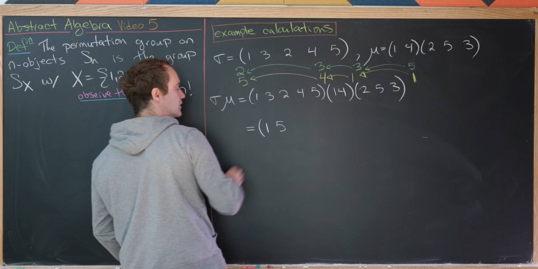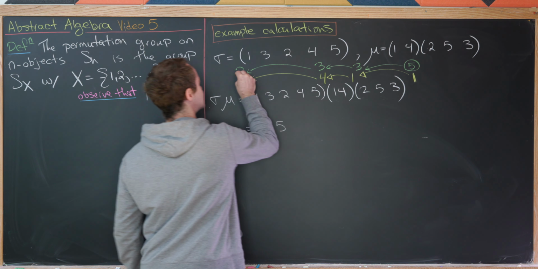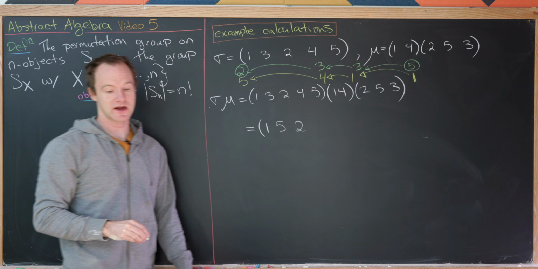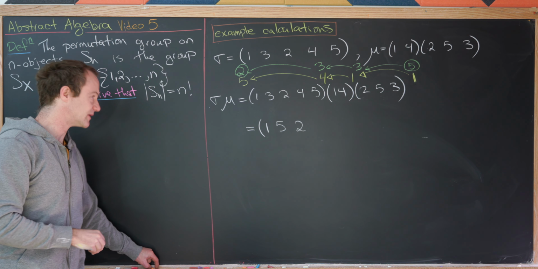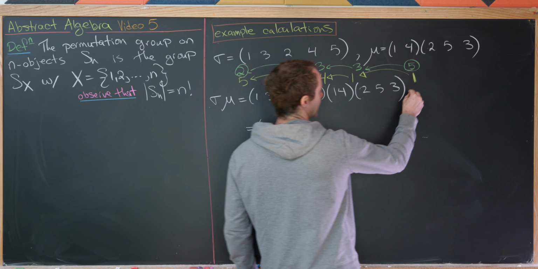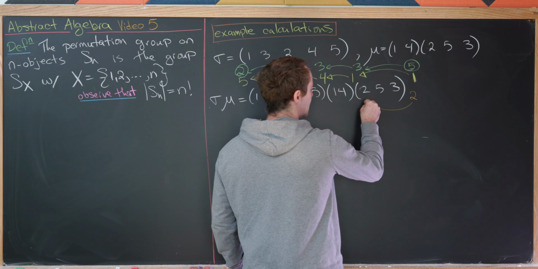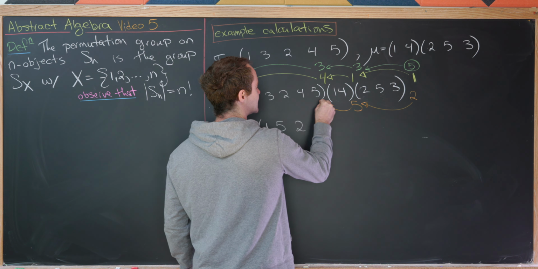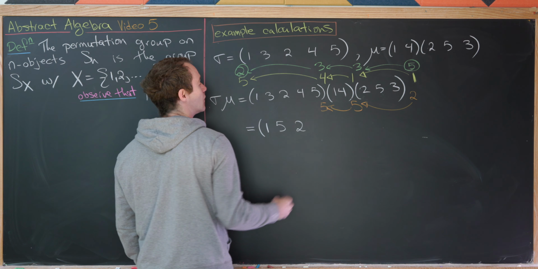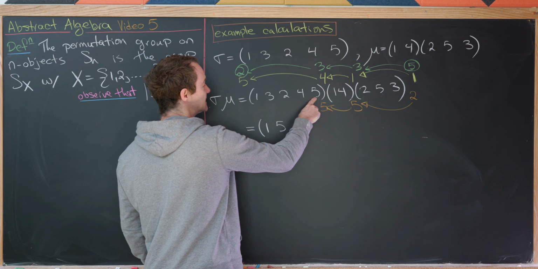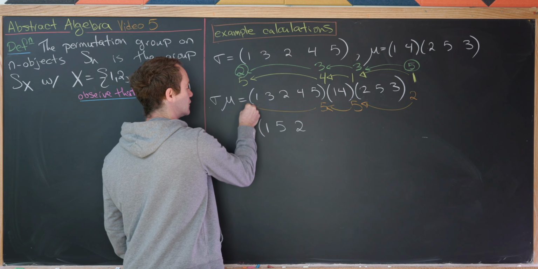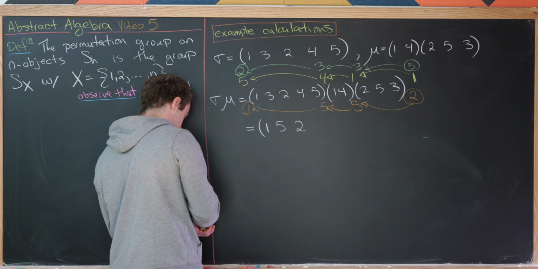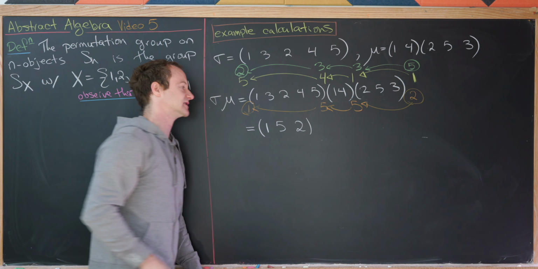So in the end, 5 is sent to the number 2, so we put a 2 right here. Now let's see what happens to the number 2. In the first 3 cycle, 2 is mapped to 5, and then it gets fixed by this 2 cycle 1, 4, and then 5 gets sent back to 1. So in the end, 2 is sent to the number 1, but that means we need to close this off.